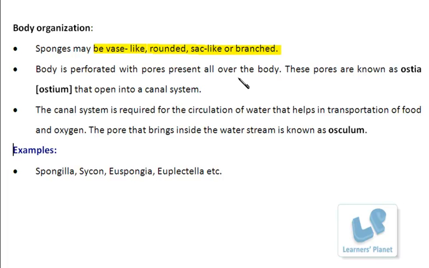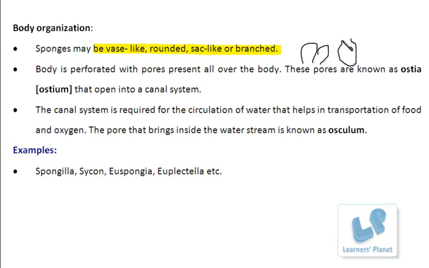If such a discussion is going on, then I can say that they appear like this. Something like this body is there, right? And of course, they may have multiple growths over there also, like this. Since they are living together, there may be multiple such vase-like structures. Let me show you here, like this.